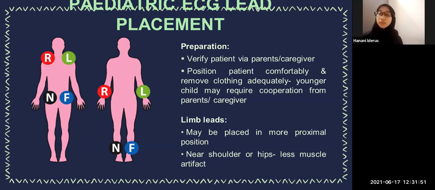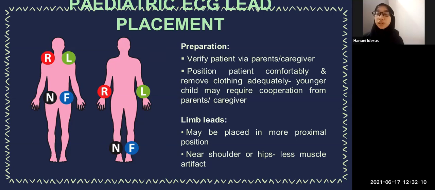Let's start with the limb leads. Similar to adults, we have four limb leads altogether. As you can see in this picture, in our clinical setting the colors are usually red, yellow, green, and black.